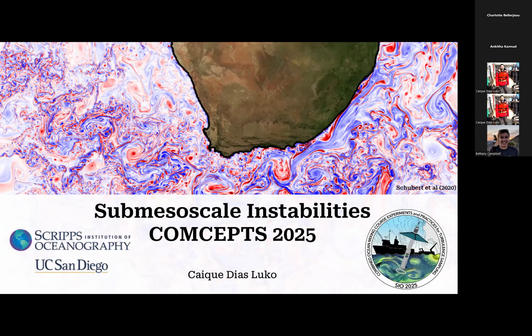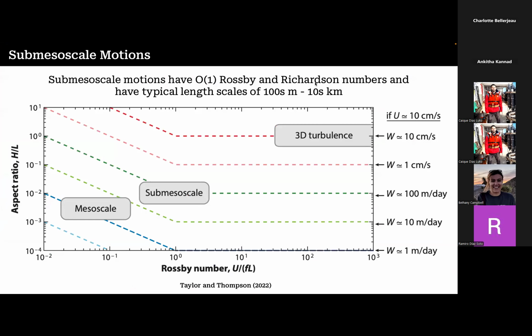All right. Now we're going to shift to larger scale instabilities that trigger the Kelvin-Helmholtz instabilities. We're going to talk about these two mesoscale processes. First, to give context, some mesoscale motions are dynamically characterized by having an order 1 Rossby number and an order 1 Richardson number.